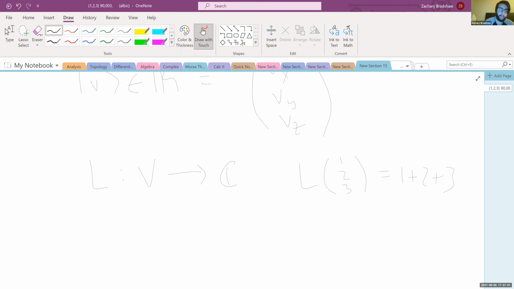So in quantum mechanics, we denote this in the following way. A linear functional we denote with the same symbol, but in the opposite direction. We call that a bra. So this we call a ket. This we call a bra.